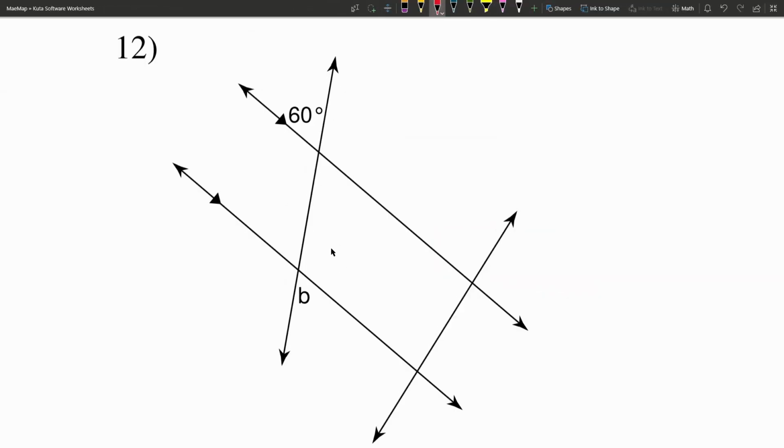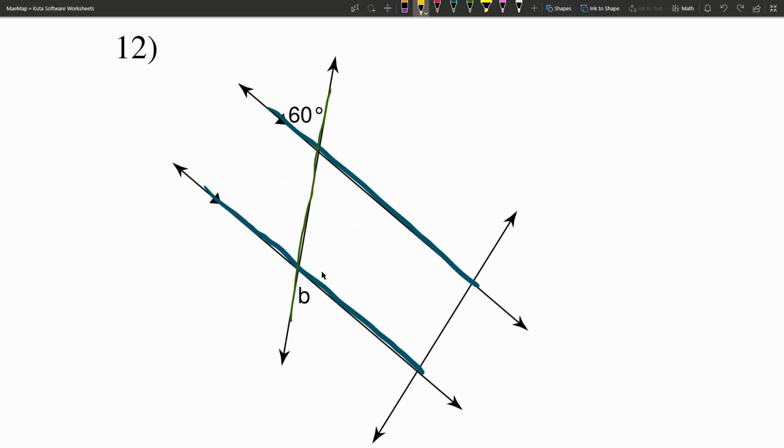So think back to our relationships up above. We have these two parallel lines here. So we can see, based on those parallel lines and this intersecting line here, angle B and the angle that's 60 degrees have a relation. What is that relation exactly? Well, think about it. Do they fall in between those parallel lines?